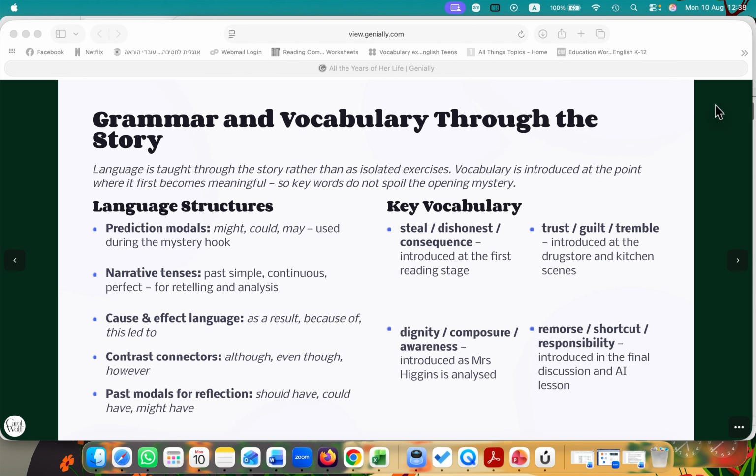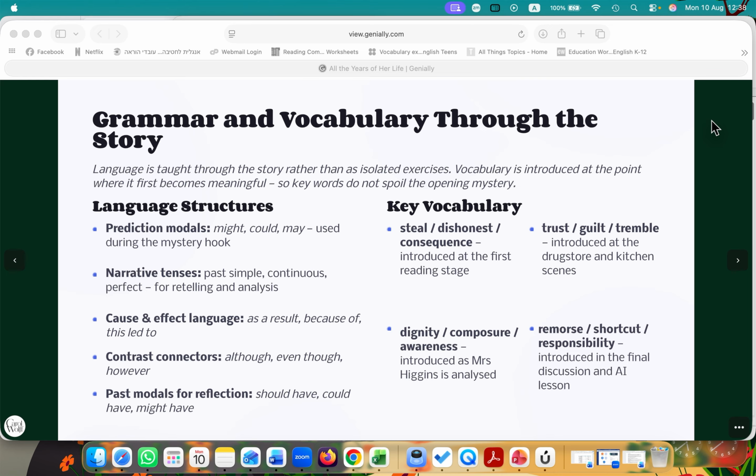Vocabulary and grammar is embedded in the unit as you move along. Language develops alongside the story's emotional movement, not as a separate drill. Prediction modals like might and could come up during the opening mystery. Narrative tenses support retelling. Cause and effect language and contrast connectors help students explain choices.